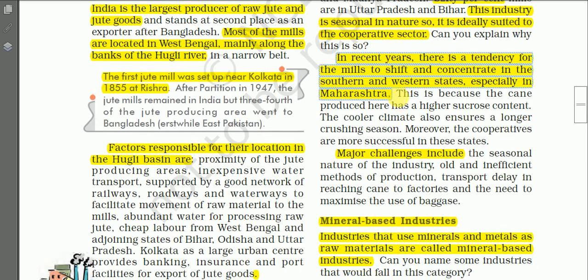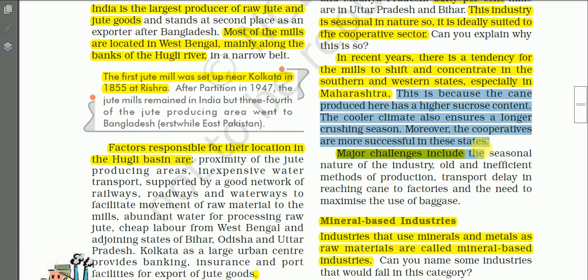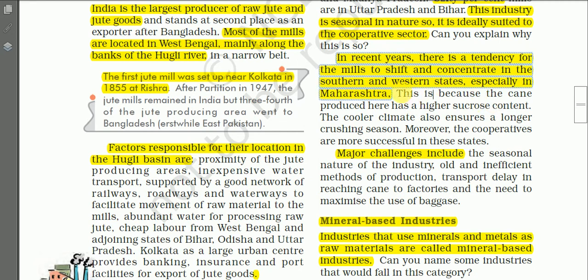This is because the sugarcane produced here has a higher sucrose content. So number one reason is that the sugarcane produced in the southern states like Maharashtra and Gujarat has a higher sugar content. Another reason is that the cooler climate also ensures a longer crushing season.